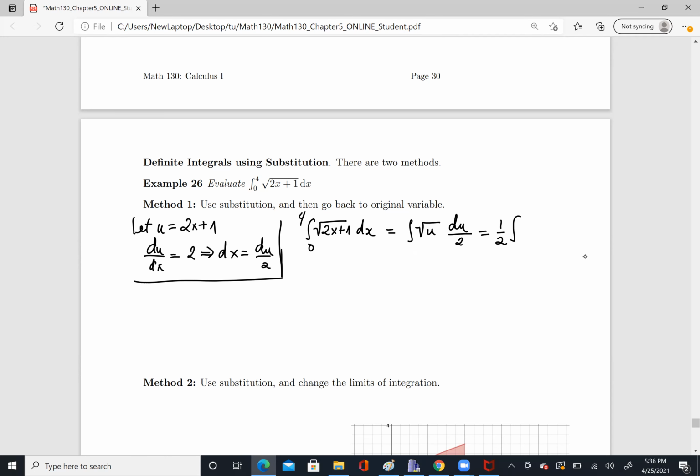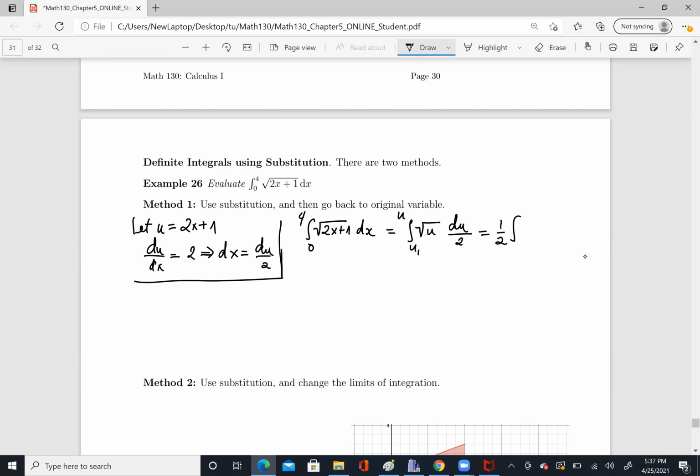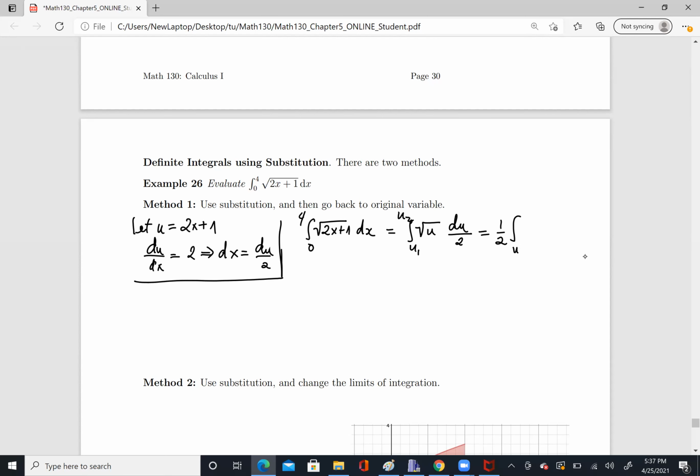I should just use limits from u1 to u2, something like that. For now I don't care about the limits of u, because later we will come back to the variable x.